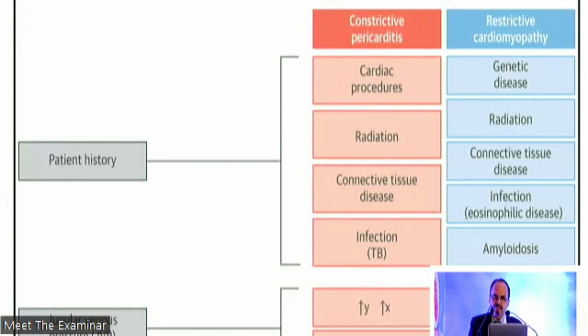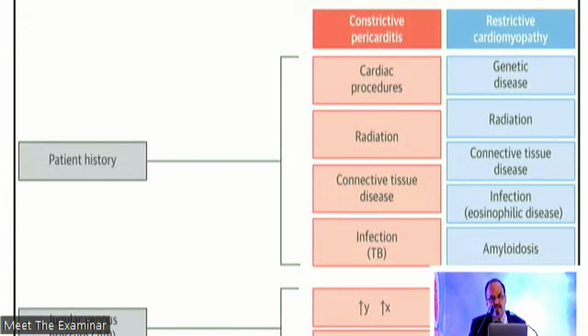In case of restrictive cardiomyopathy, it can be familial, or in our country, we have endomyocardial fibrosis, which is common, and amyloidosis is a third condition that is common.